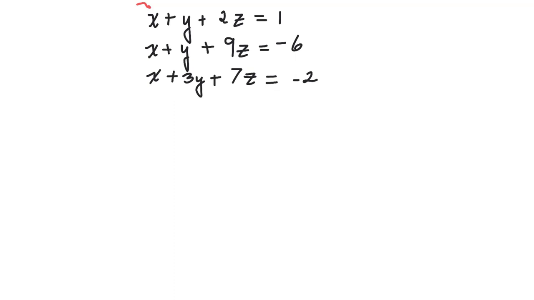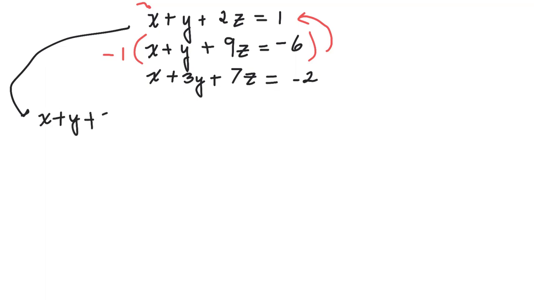So in other words, what if I took this entire equation and multiplied it by -1, and then I added it to the first equation. So let's do that over here. I'm going to rewrite this first equation, x plus y plus 2z equals 1.